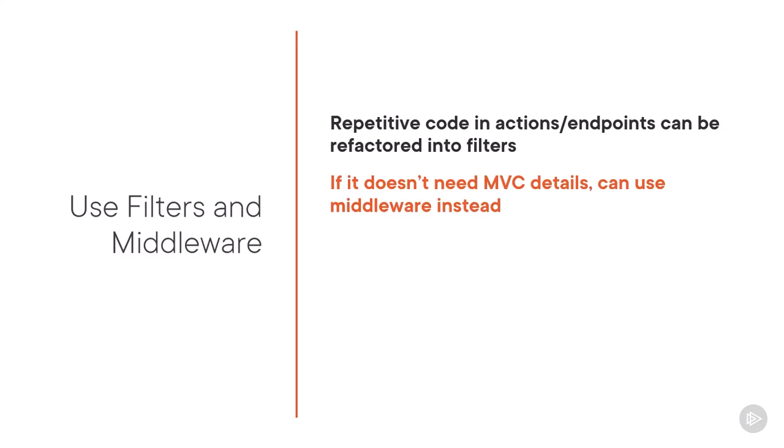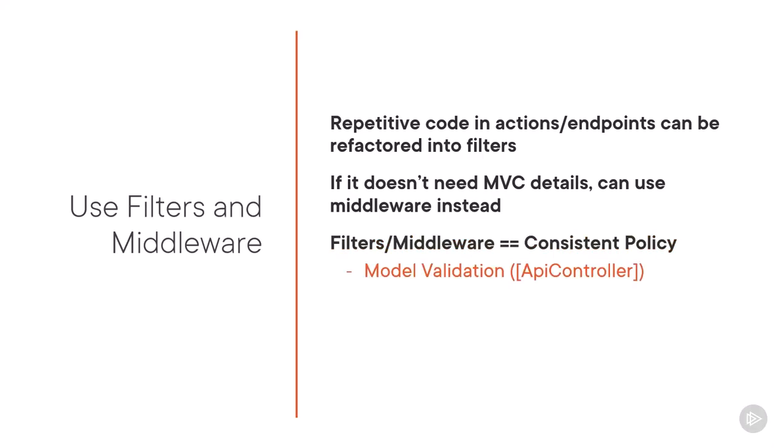You should think of filters and middleware as your go-to feature for applying consistent policies to your web APIs. Don't rely on developers remembering to perform certain actions in code. Instead, make common cross-cutting concerns part of the application as a whole by using these tools and techniques. A couple of common filter and middleware use cases are for model validation, which API Controller provides for free, exception middleware with logging, and adding analytics.